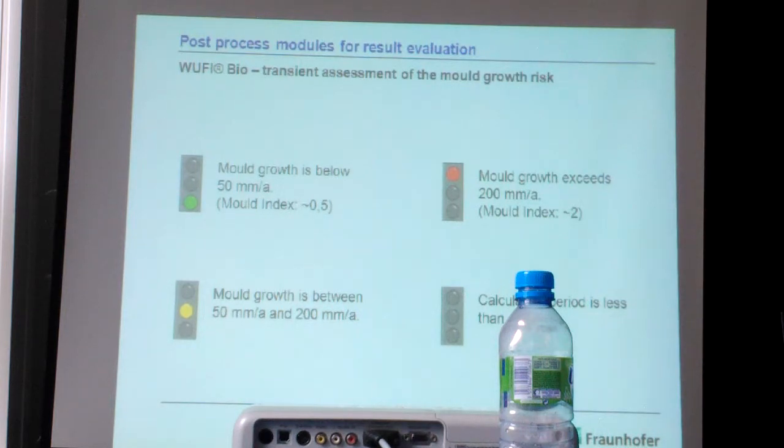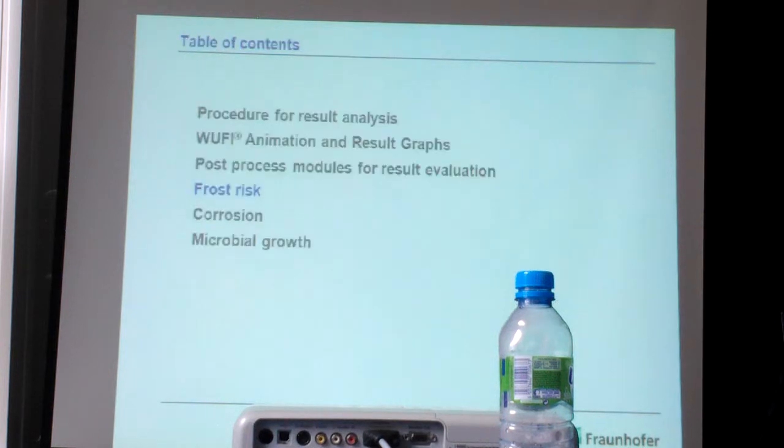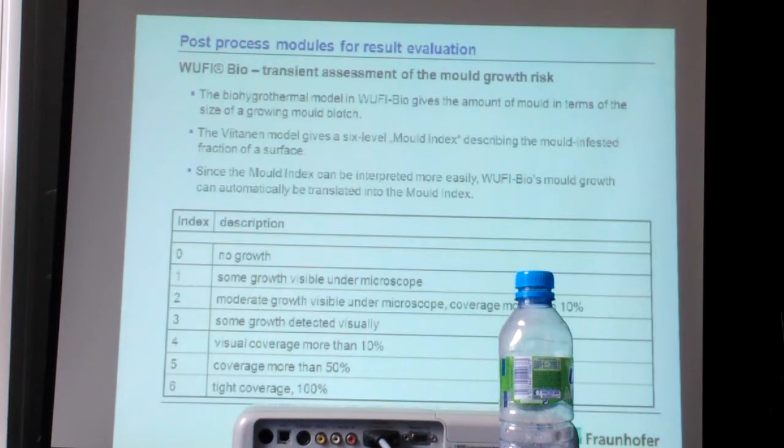Yeah, I never use the traffic light. Okay. So the traffic light one is saying it's a red light, but in the mold index that's only 2, which is acceptable. Yeah, because no, that's not really acceptable, because with 2 you have moderate growth visible under the microscope.